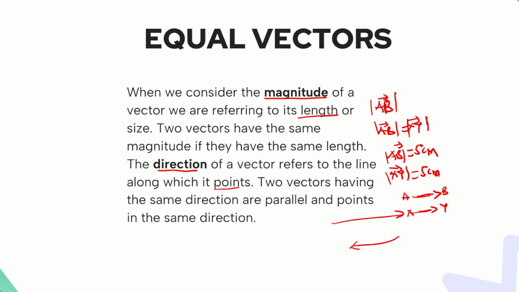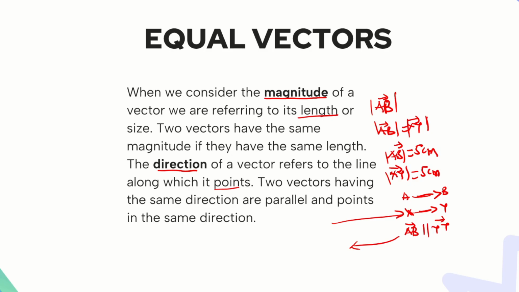It means that AB is parallel to XY. So that is what it implies. Once they have the same direction, then they are parallel to each other.